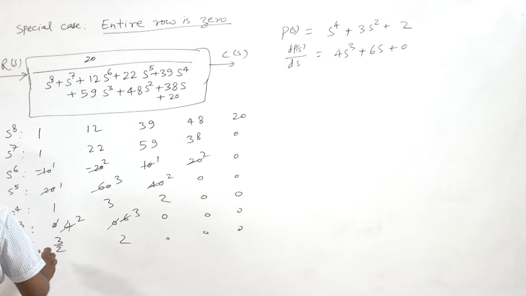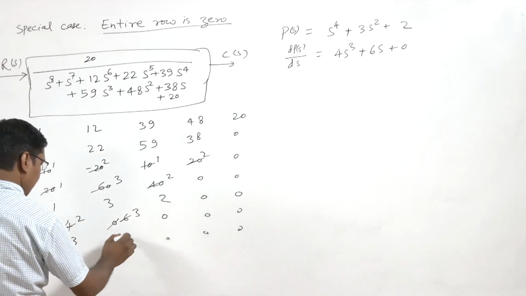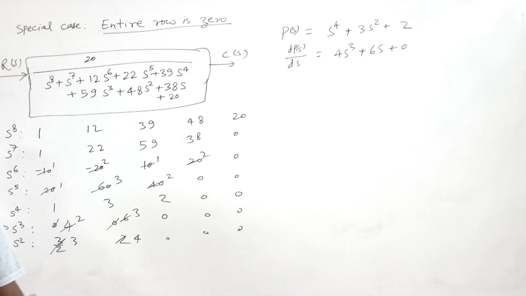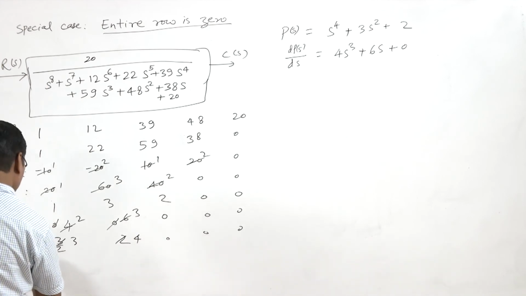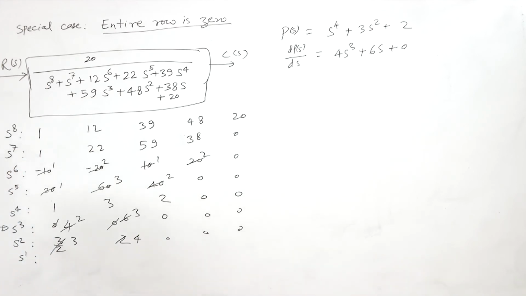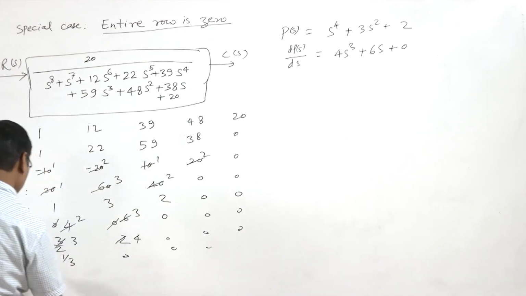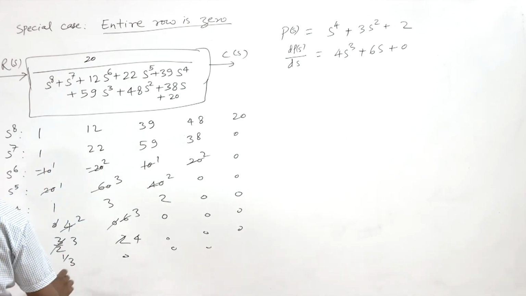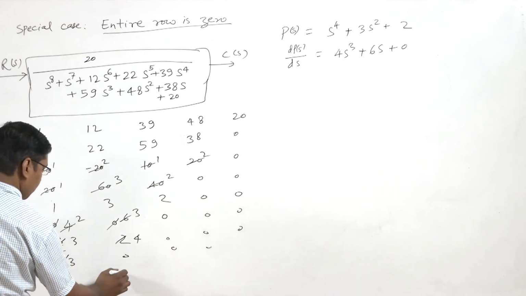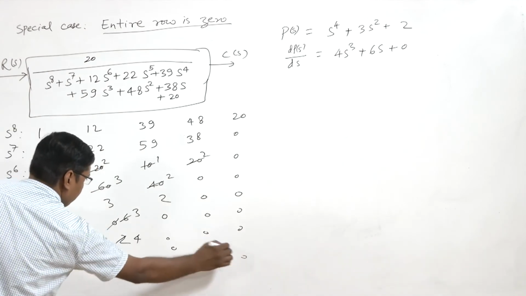So here we can write this 3 and 4. We take 1 by 2 outside. Then S1 is 1 by 3, 0, 0, 0, 0. And S0 is 4, 0, 0, 0, 0.